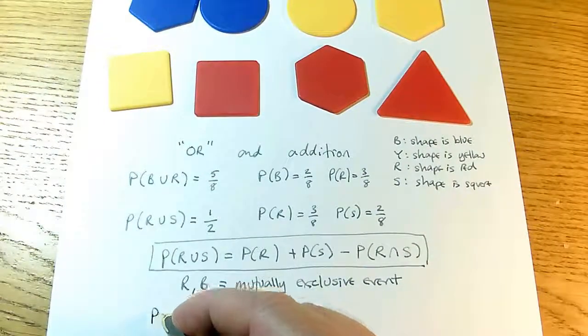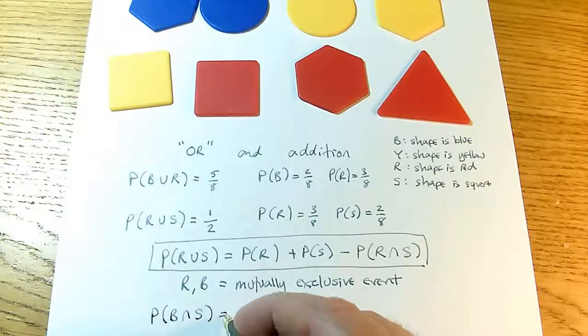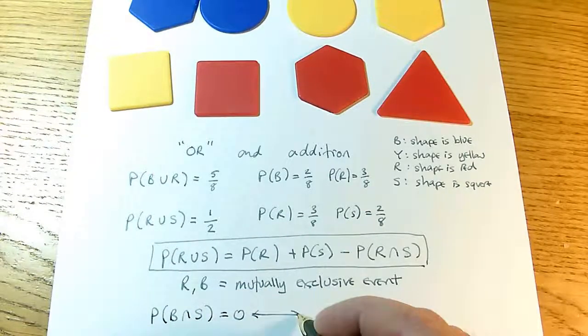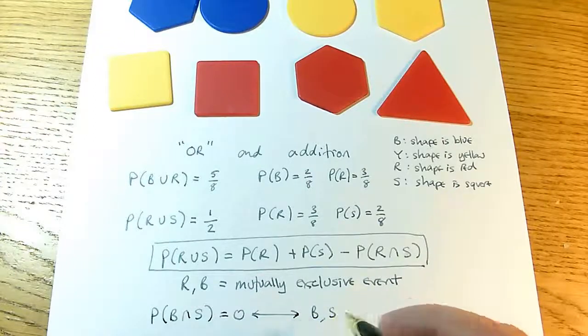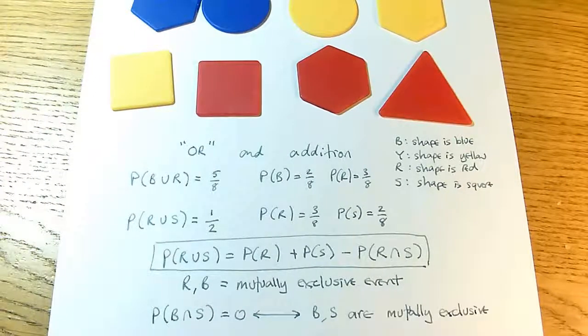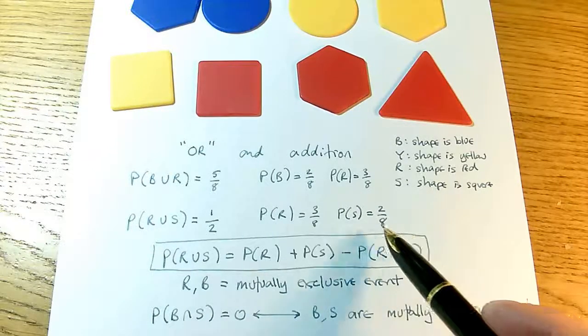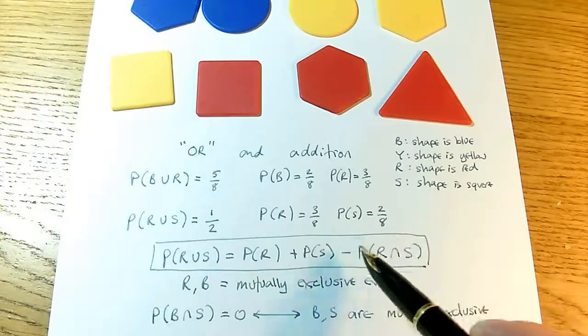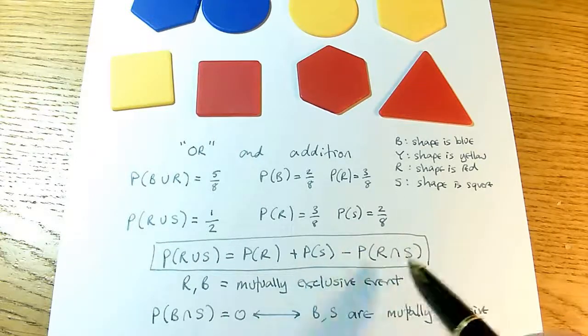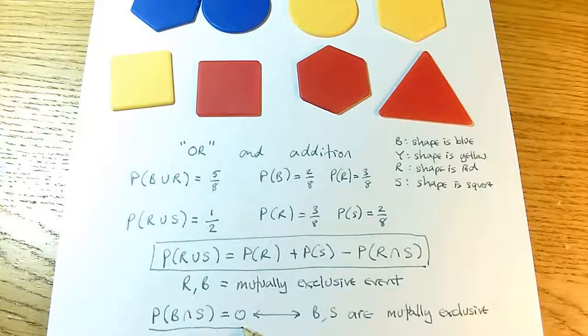So the fact that the probability of being blue and a square is 0 is what makes B and S mutually exclusive. And because they're mutually exclusive, in this rule here, the AND event will have a probability of 0. B and S has a probability of 0.